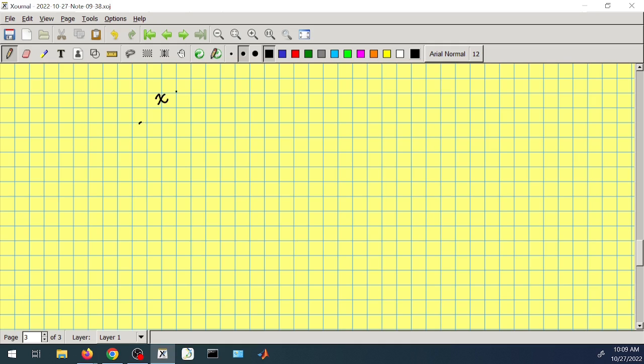If we want to divide x cubed minus 1 by x minus 1, we would write out 1x cubed plus 0x squared plus 0x minus 1, and we would divide by x minus 1. I think I need my straight line drawer here.